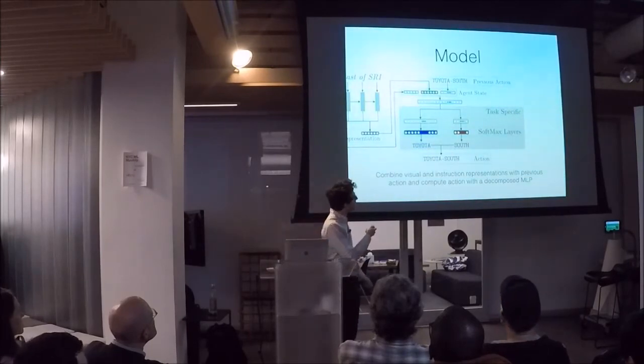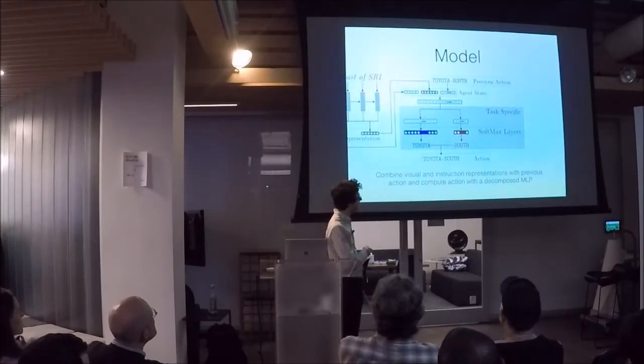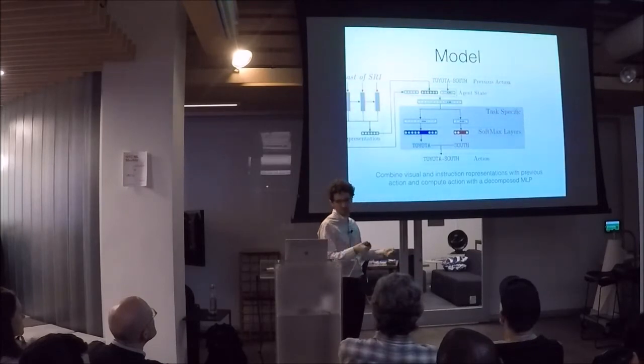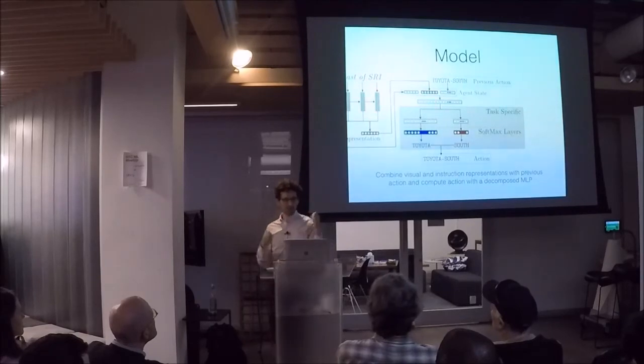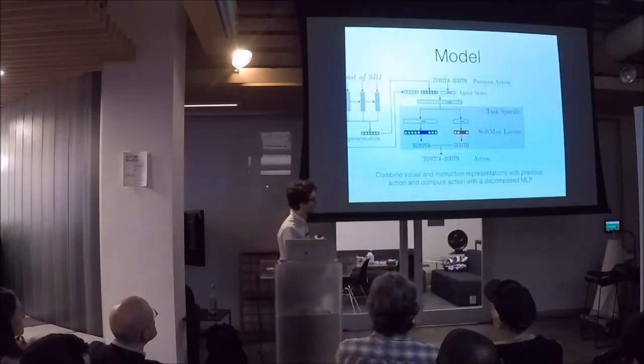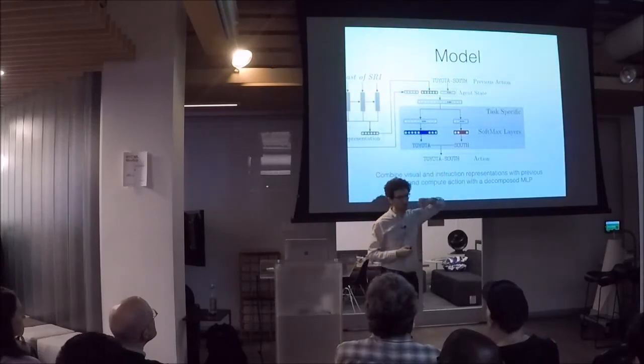We need to decide which block we want to move. So we have a softmax over all the 20 blocks that can be in the environment. And we need to decide what direction we want to move, so it's another softmax. The probability of an action is the product of these two probability distributions. In this case, we're deciding to move the Toyota block one step south.